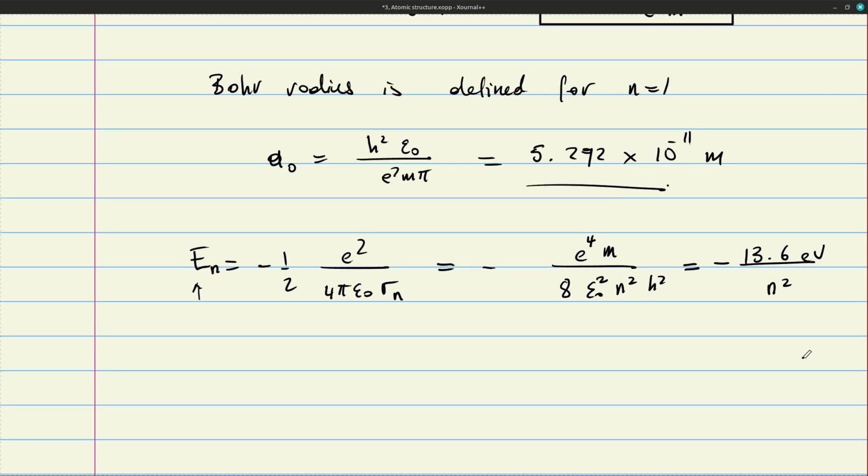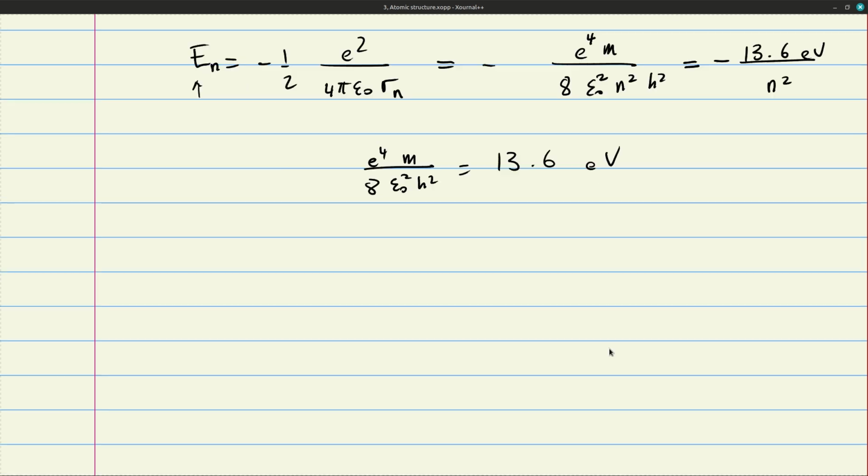How do I know that? I know that because if you multiply all these numbers, e to the 4, m, 8, epsilon squared, h squared, that gives you 13.6, and its unit is going to be eV.